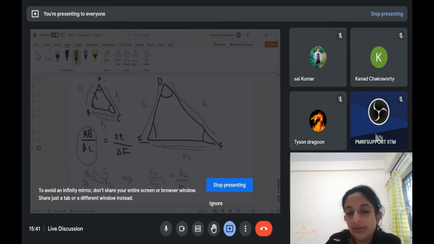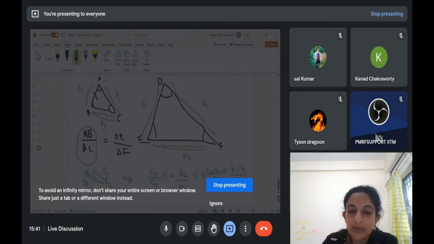And now if I subtract 1 from both sides, what I'll have is C2 minus C1 by C1 is equal to B2 minus B1 by B1.